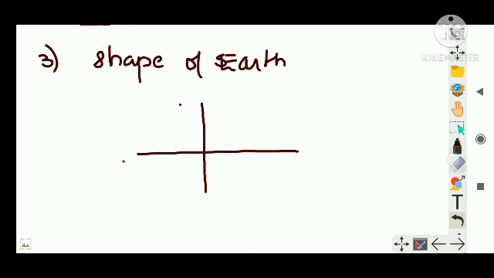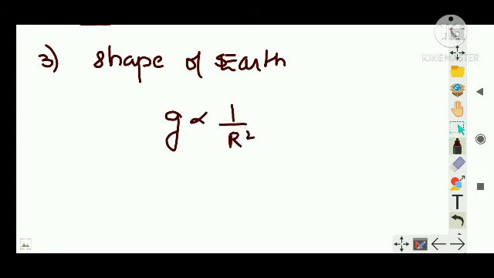And we have found that g is inversely proportional to r square, right? So it can be said that g increases from the equator to the pole.